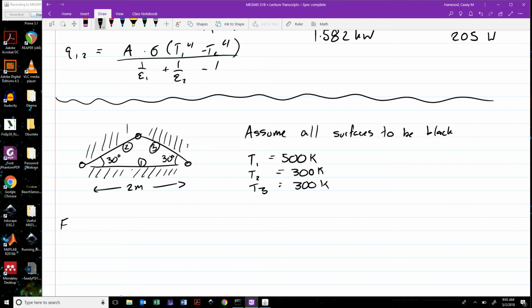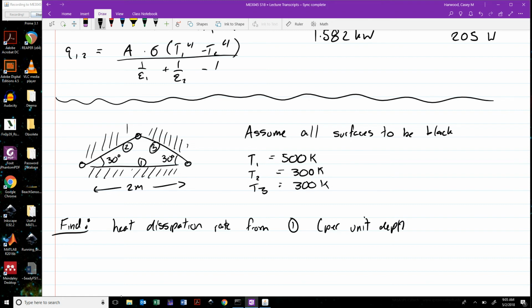What we want to find is the heat dissipation rate from surface 1 per unit depth.